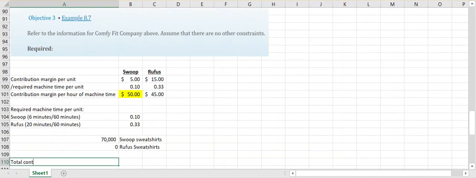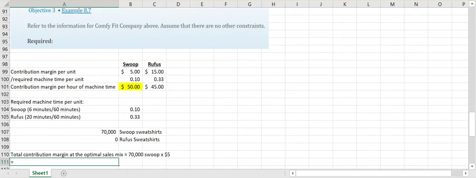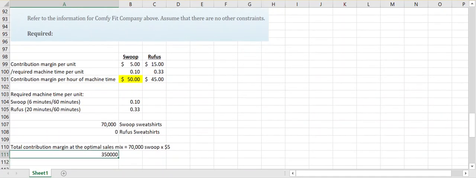Our total contribution margin at that optimal level would be the 70,000 Swoop times, going back to our per unit contribution margin, $5. In total, $350,000 is what our optimal sales mix would generate for us as a contribution margin.